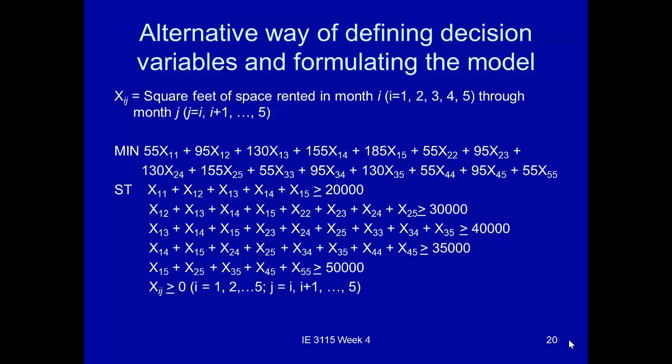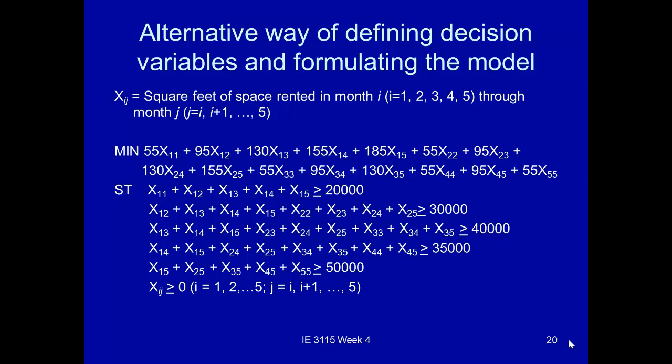Try this. You will still use the matrix: square feet rented in month I through month J, with months 1, 2, 3, 4, 5 across and down.